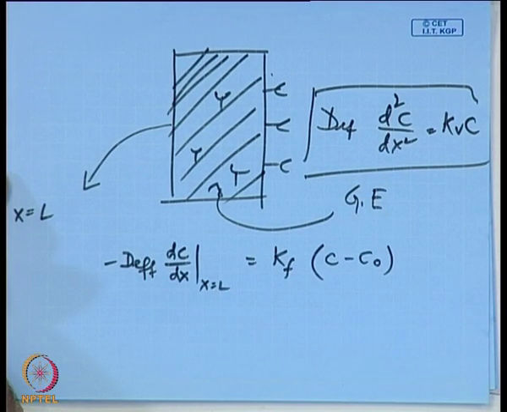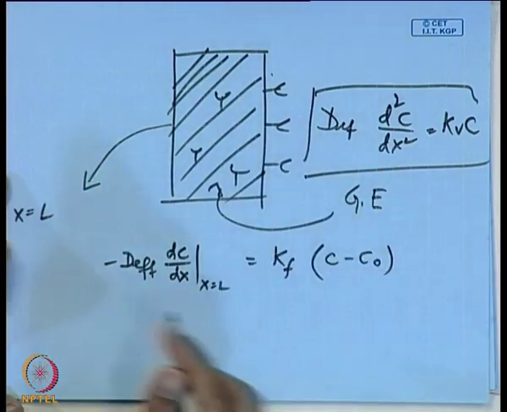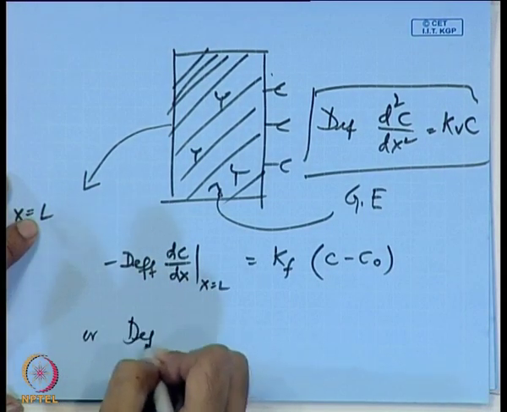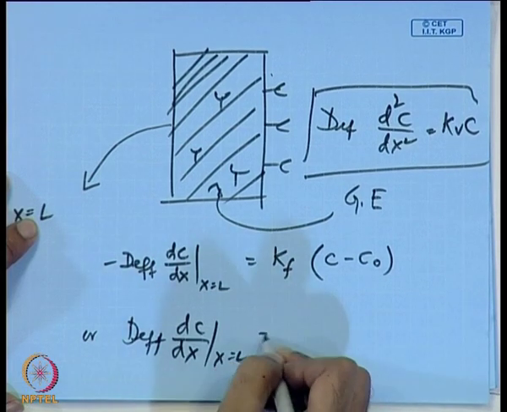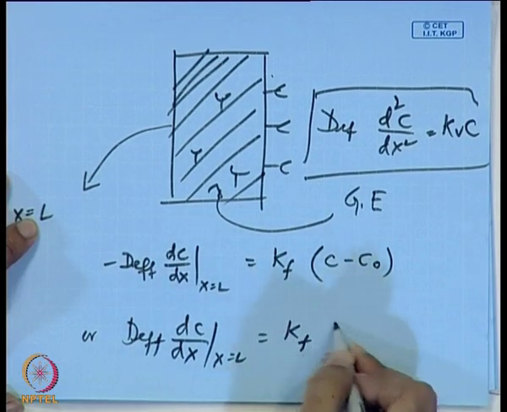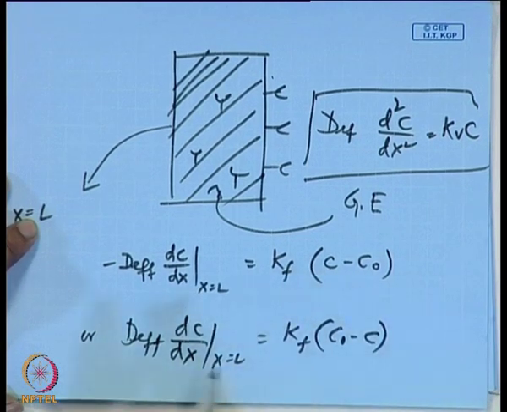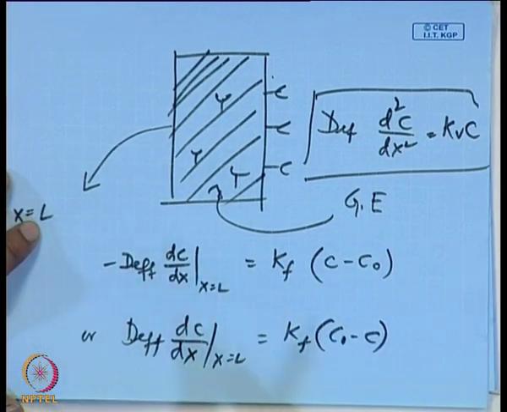Or in other words you can just write it like this: D effective times dC/dx at x equals L equals k_f (C naught minus C). That is how people write it, because C naught is typically larger than C. So, this is what you have.